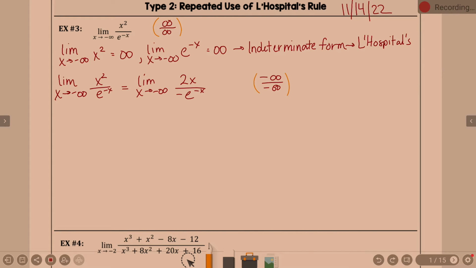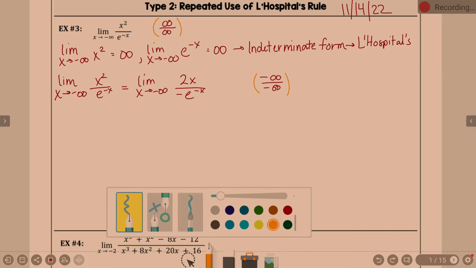So if you're in that 0 over 0 and you keep getting it a couple times, you reuse L'Hopital's. Same thing with infinity over infinities. I think the two we did on Friday, we didn't have that. We used L'Hopital's once, then they became solvable. So this one did not.